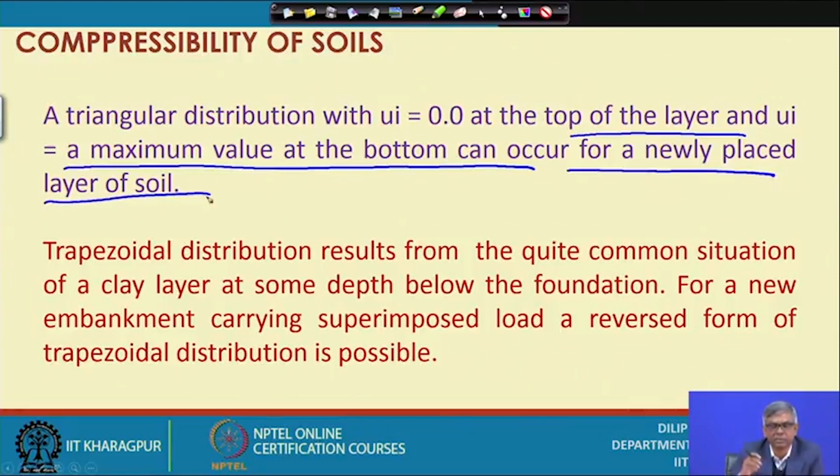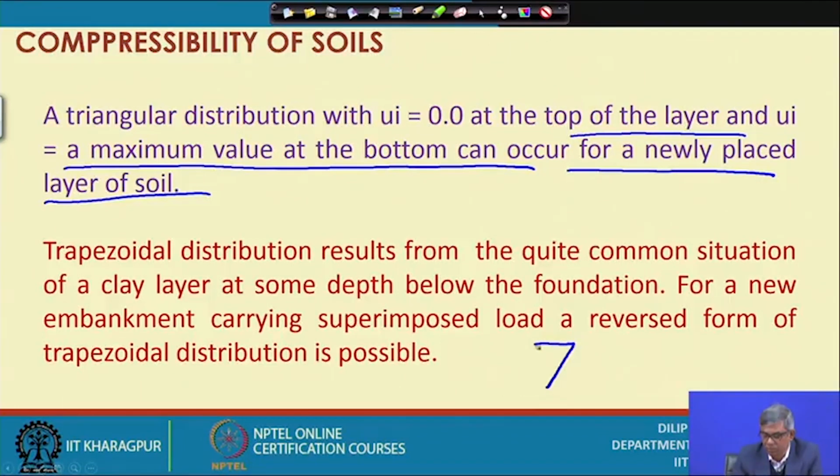As already explained, a trapezoidal distribution results from the quite common situation of a clay layer at some depth below the foundation. If the thickness is quite large, the distribution of stress will be more at the shallower depth and less at the greater depth, so there will be a trapezoidal distribution.